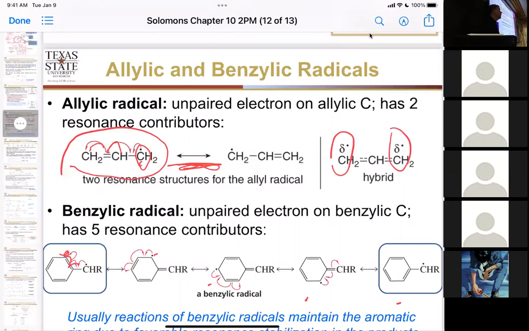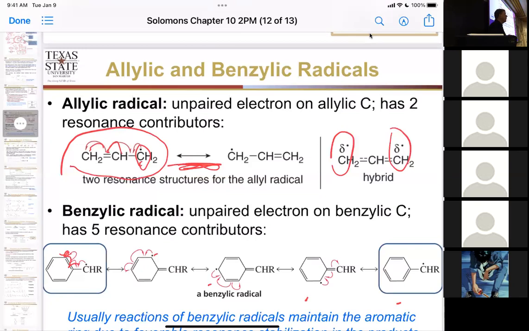And then we found out that the shape of our radical is analogous to that of the carbocation. And therefore, the stabilities of radicals were analogous to carbocations, including things that are conjugated. We have the allyl radical here and the benzyl radical here.